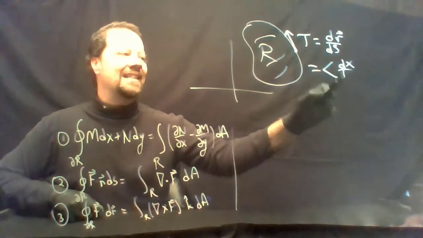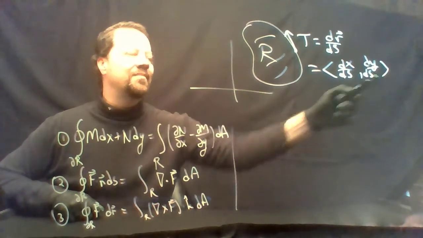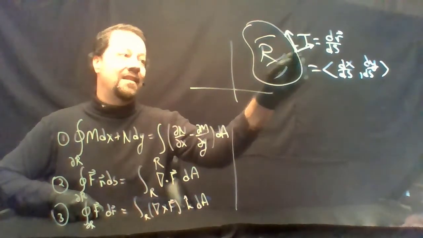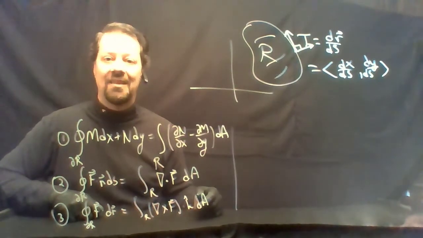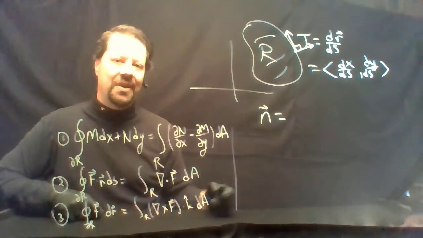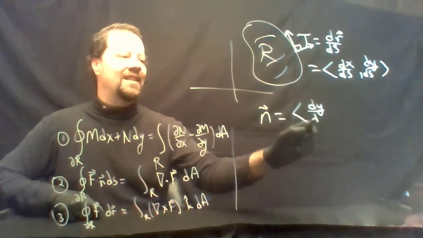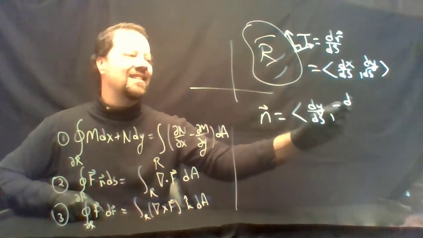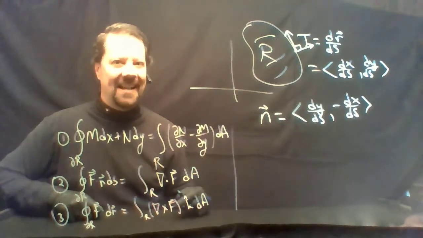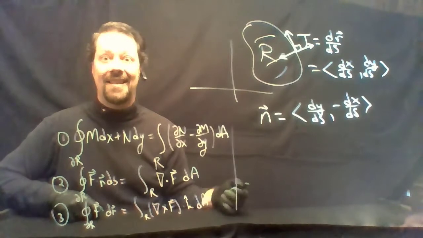That's going to be dx ds, comma, dy ds. The unit exterior normal is the same length, 1, but it's at a right angle. So what is the unit exterior normal? Well, how about dy ds, comma, minus dx ds? Reverse the coordinates and negate one. You just better make sure it's not the interior normal instead.